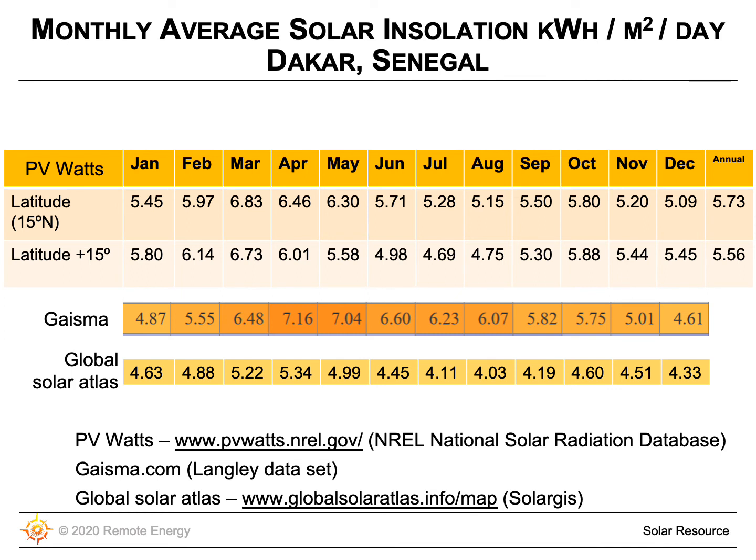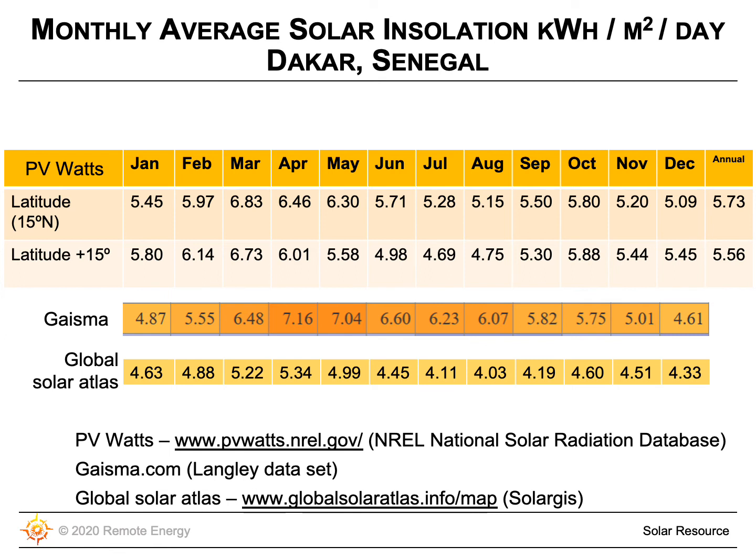So looking at the latitude angle insolation, that first column there, we can see that in the month of January, a solar panel, for example, that's tilted at the latitude angle of 15 degrees will receive 5.45 peak sun hours, or 5.45 kilowatt hours per meter squared per day of solar insolation.